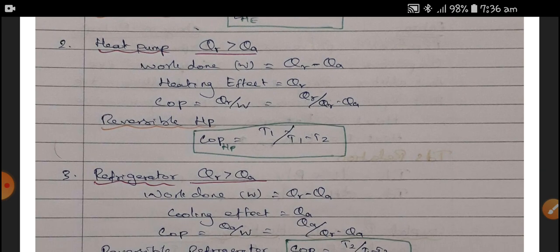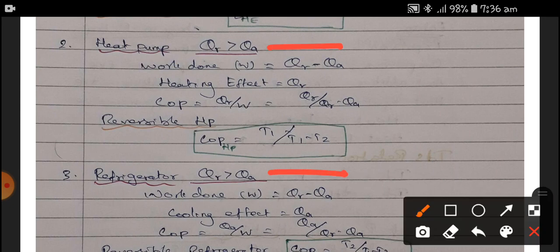The refrigerator and heat pump are the same, that is QR is more than QA, where the heat pump does the heating effect, whereas the refrigerator does the cooling effect. The work done has the same formula, QR minus QA, whereas COP is heat supplied by work done.